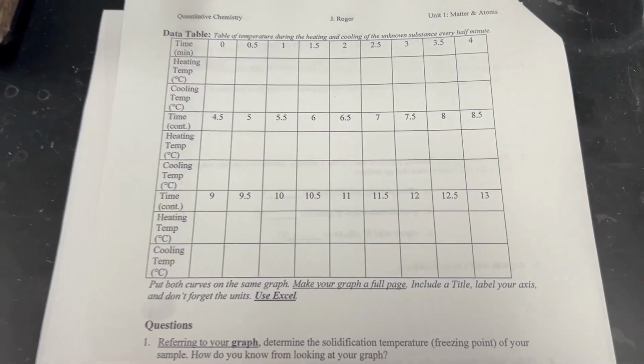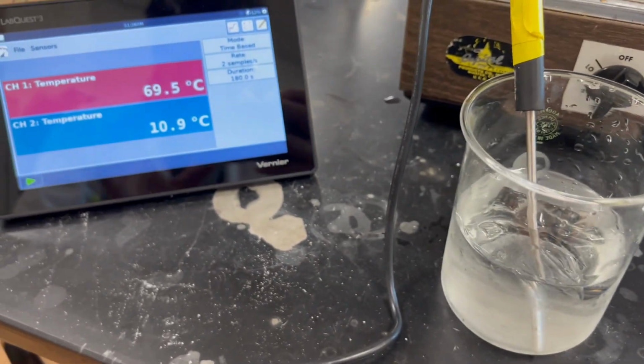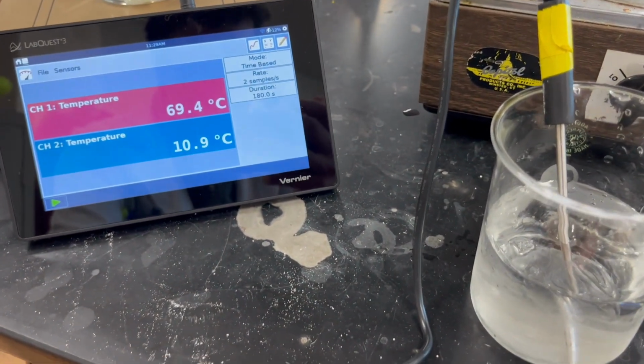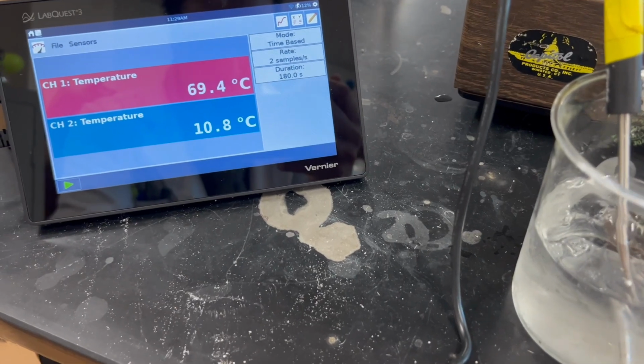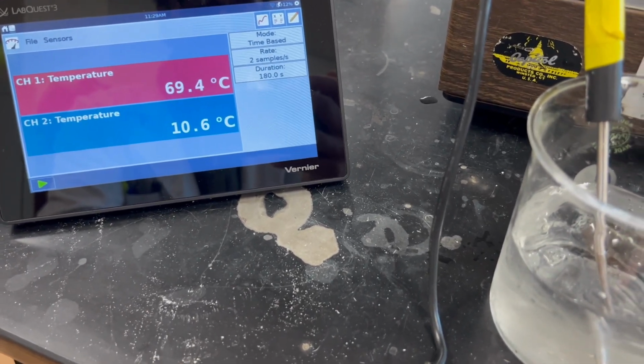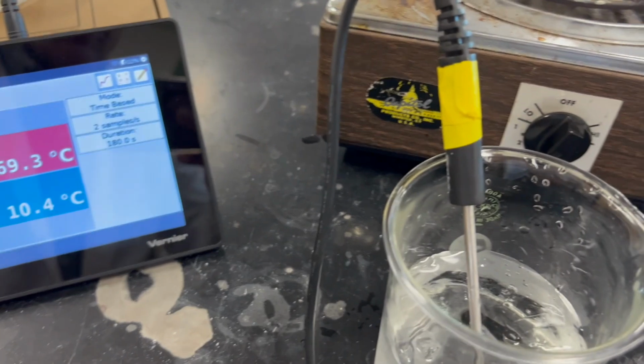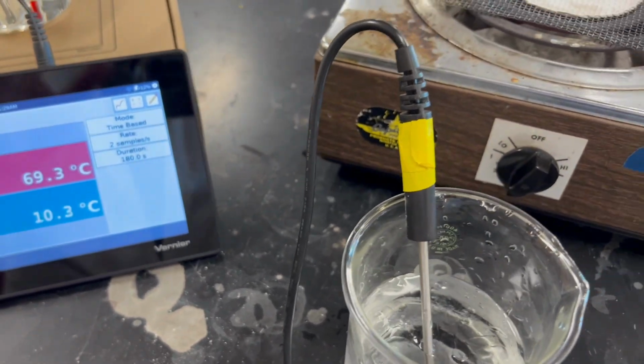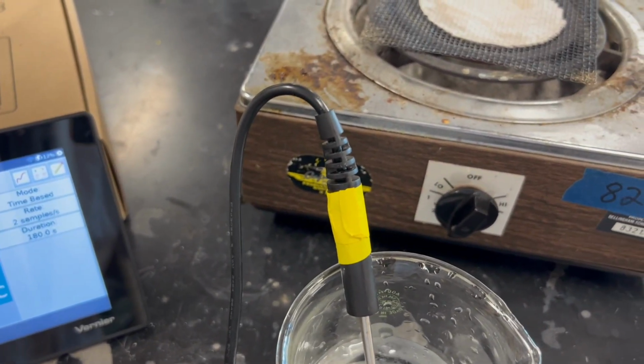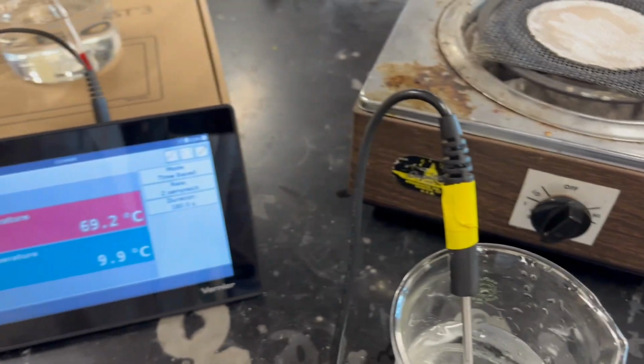So what we're going to do first is the cooling process. We have a water bath that is between 10 and 15 degrees Celsius. This is the blue line. Our sample is currently at 69 degrees, which is a tad bit warmer than we would like.